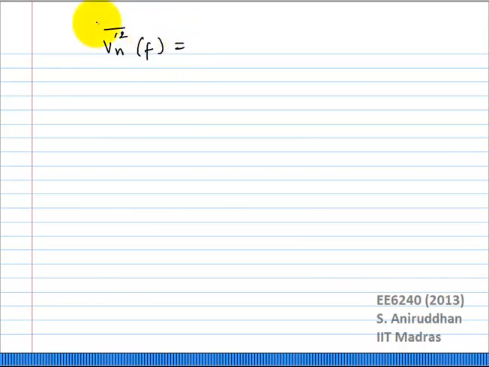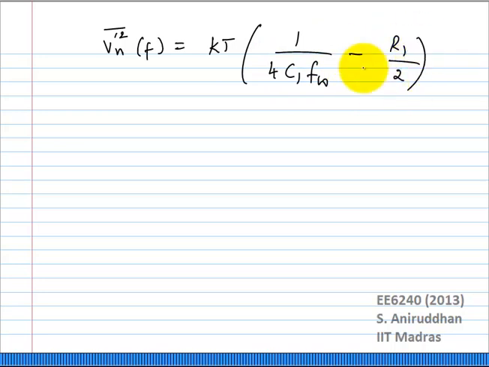and the final expression you get is kT times 1 over 4C1 FLO minus R1 by 2. Okay? So now you can find out your overall output referred noise.